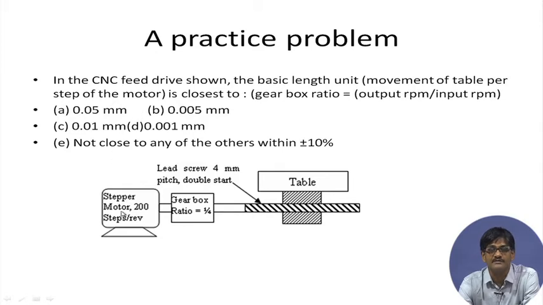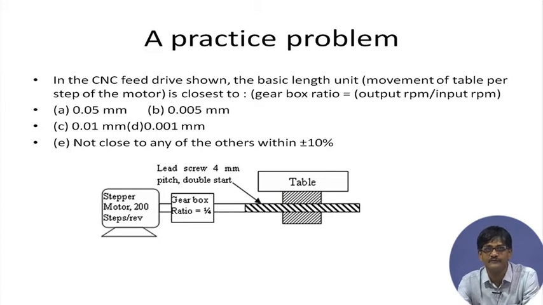We have a CNC system in which there is a stepper motor which rotates in steps to cover one rotation in 200 steps. So, one rotation is 360 degrees and 200 steps are making up that one rotation. Therefore, per step it is moving by 1.8 degrees. So, for that 1.8 degrees movement, we are asking what is the table movement.